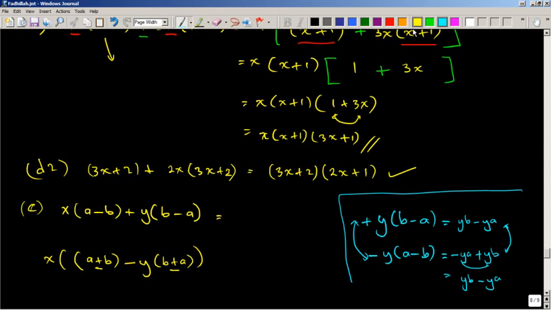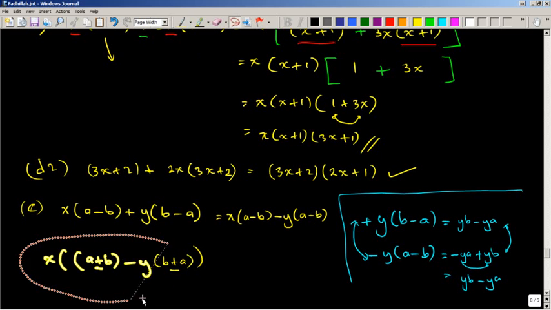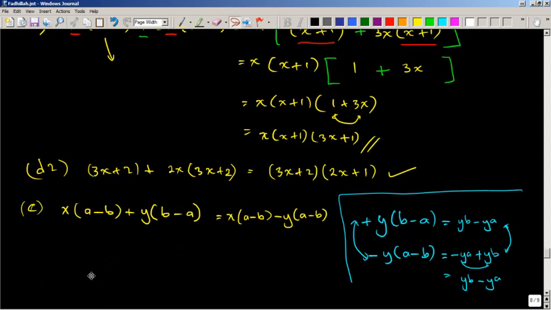Or in other words, if I go back to this equation, it becomes X(A minus B) minus Y(A minus B). That's it. That's why I told you that you need to shake your brain a little bit.